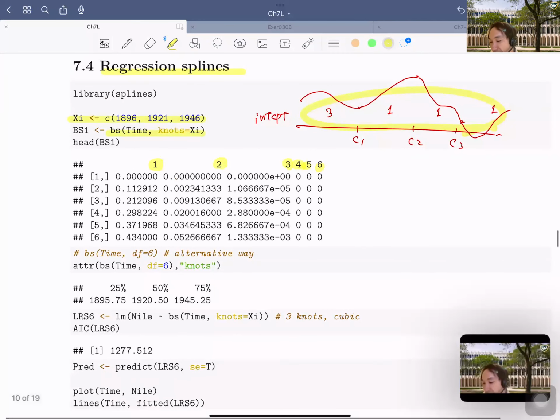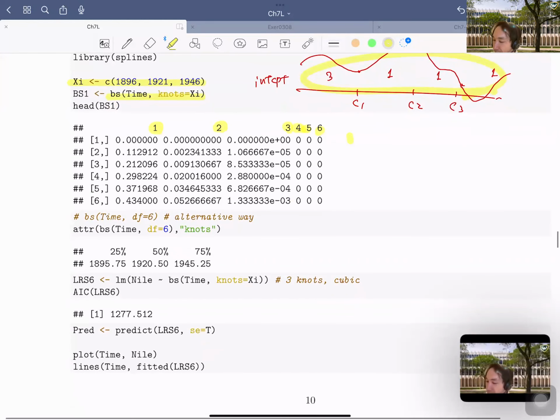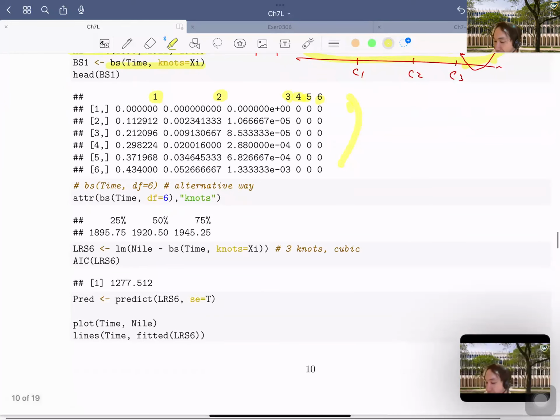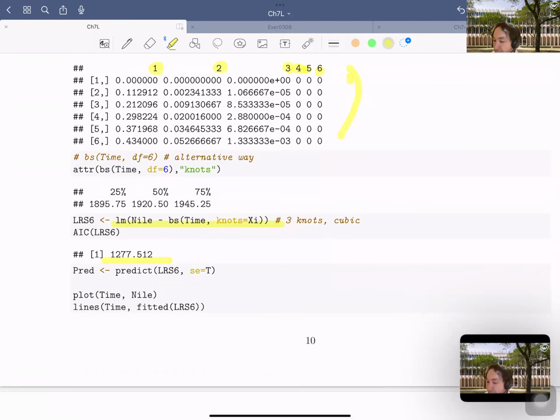Maybe I should say 95.5. Yeah, but do this. So once you get the basis, you can fit with just a linear model. AIC 1277.